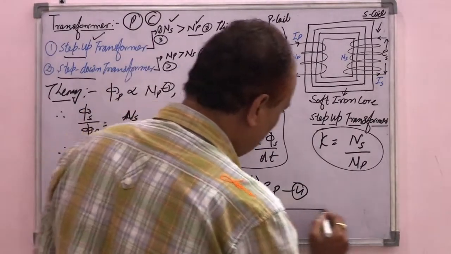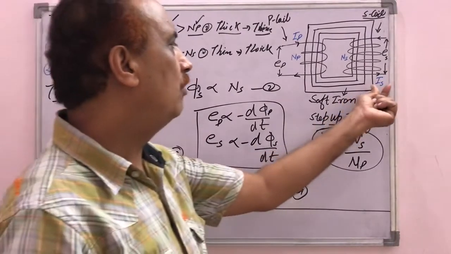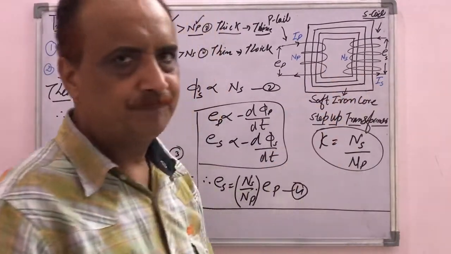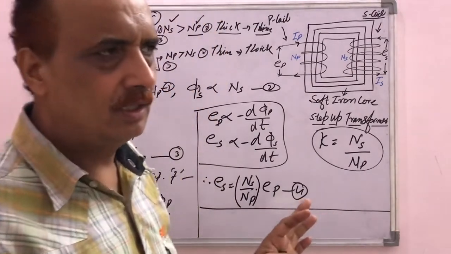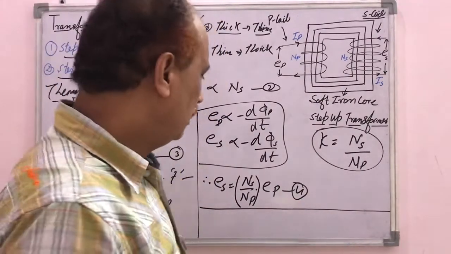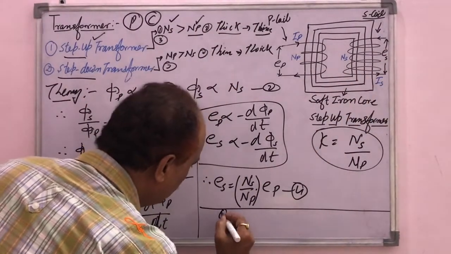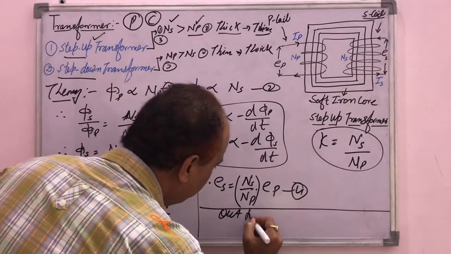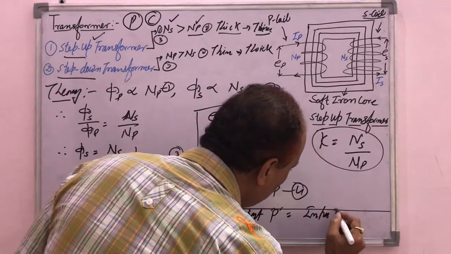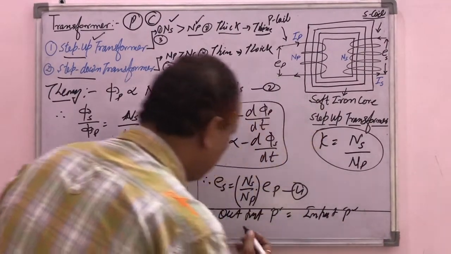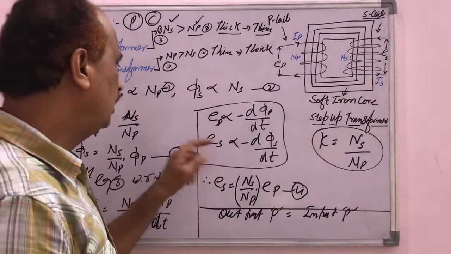Now let us discuss how much output power is obtained here. If we assume there is no loss of energy, then the output power will be equal to the input power. Power means voltage into current, and here voltage is represented by the EMF.